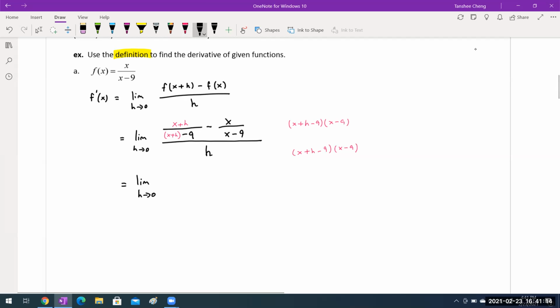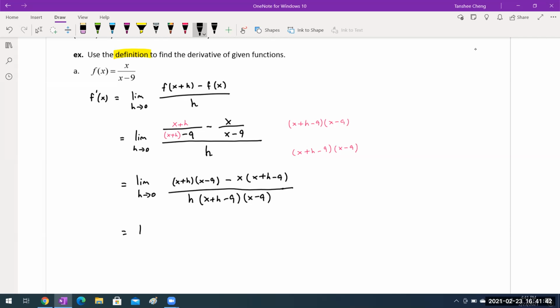So when I do that, on the numerator it will be x plus h times x minus 9 minus the second term, x minus 9 cancels out, so it will be x times x plus h minus 9, all over h times x plus h minus 9 times x minus 9.